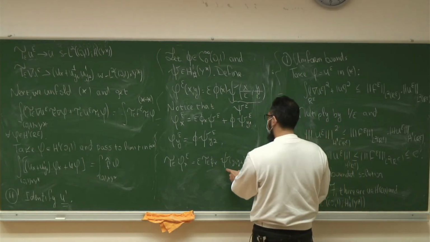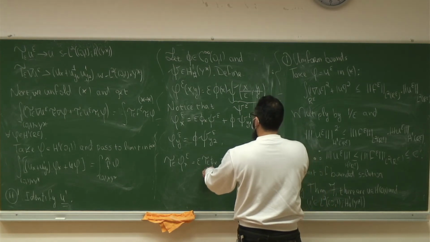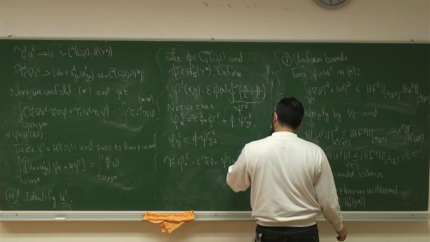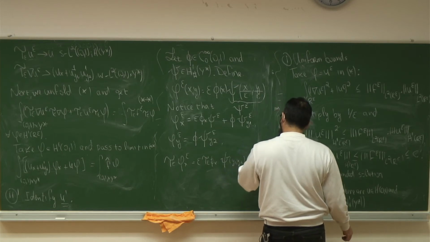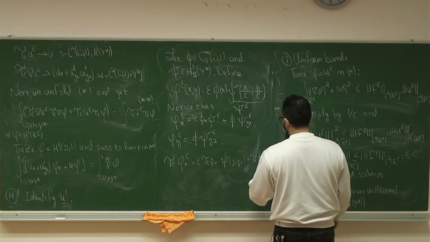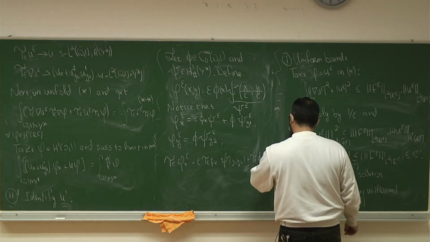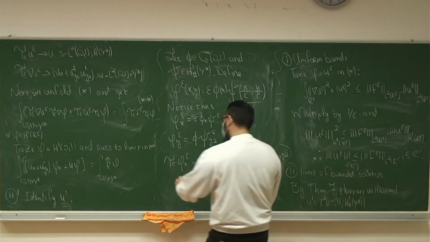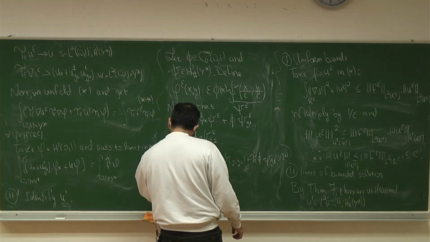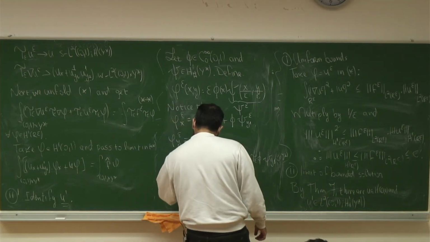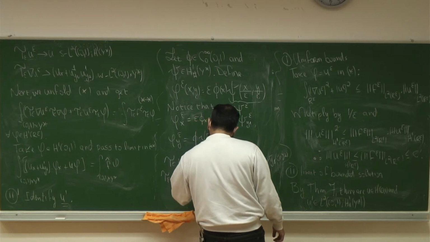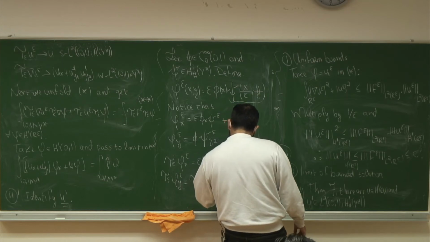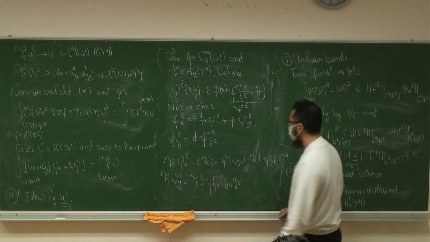So I will write it like this. And of course, if we apply the unfolding in the second, we will have this, and the psi, the derivative in the second variable, and like this.